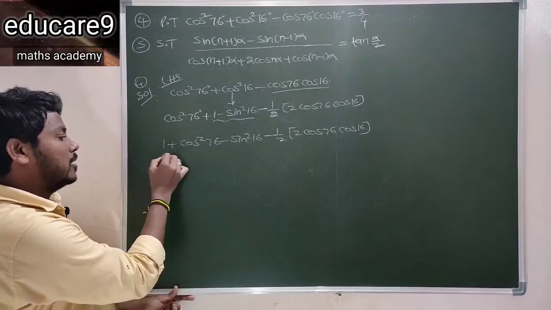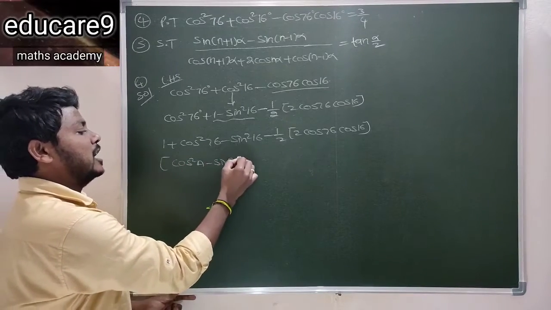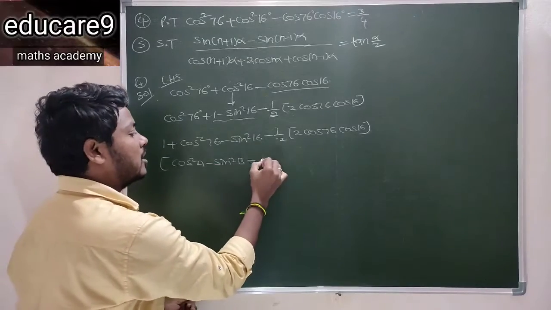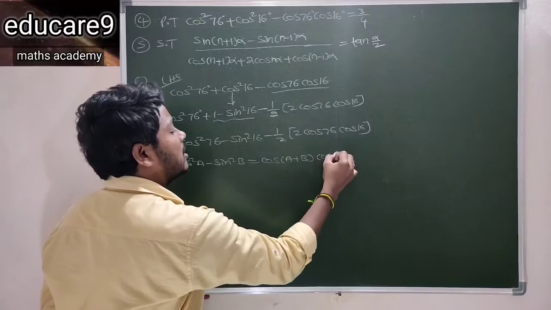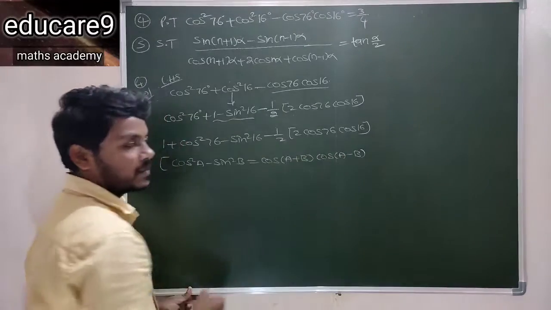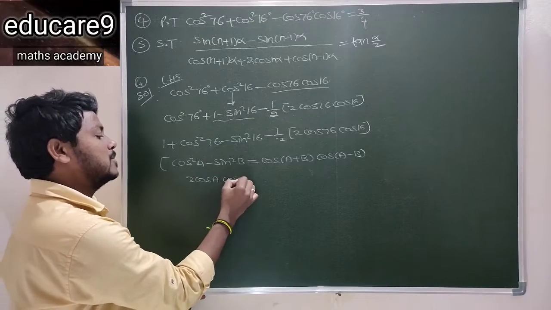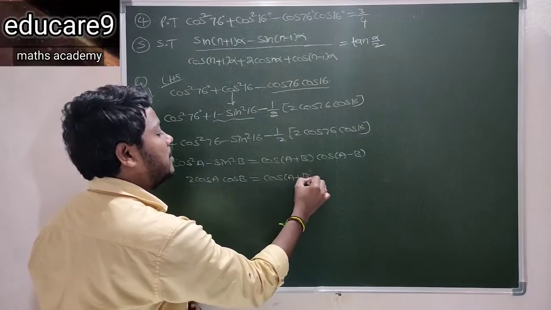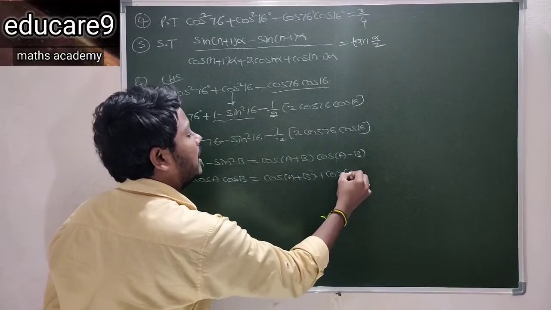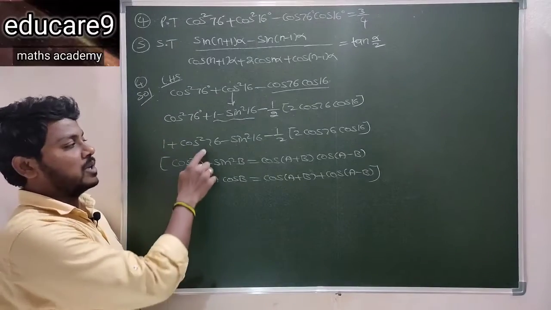Here one formula is cos square a minus sin square b, which is cos of a plus b into cos of a minus b. And the second one, the 2 cos a cos b formula, is cos of a plus b plus cos of a minus b. So we have to apply these two formulas here.